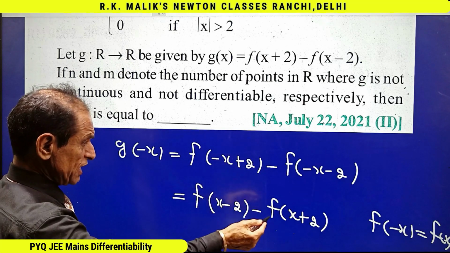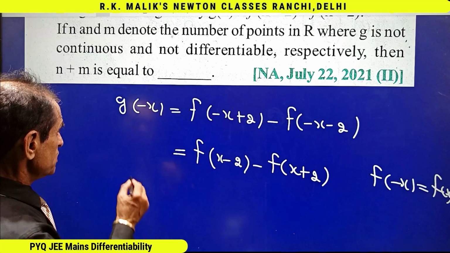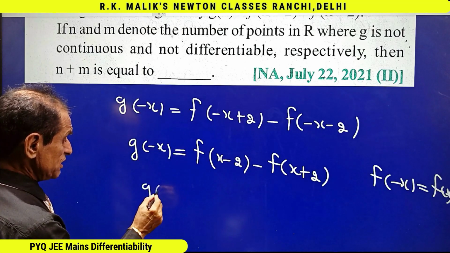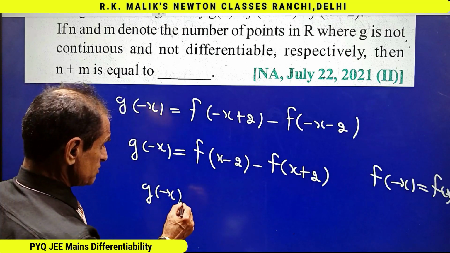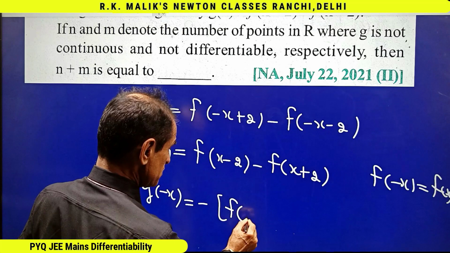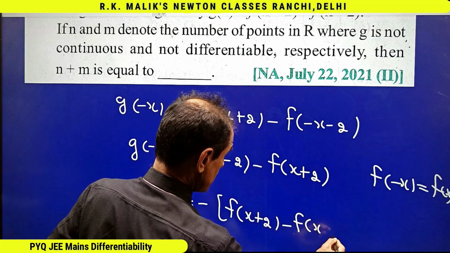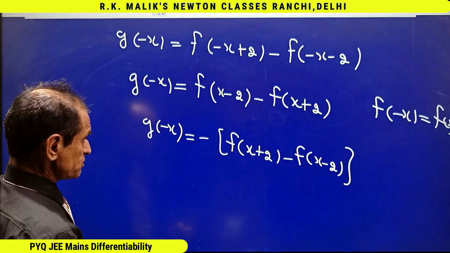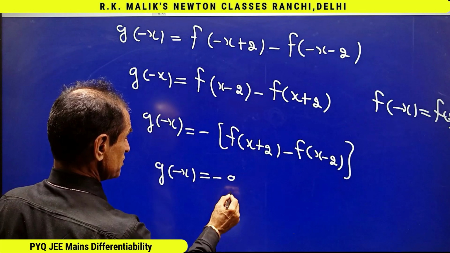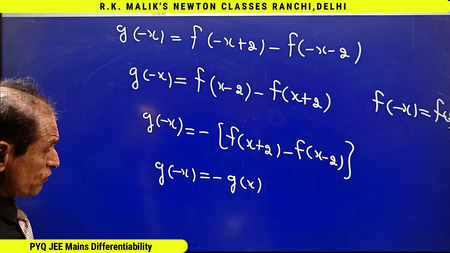And because it is g(minus x), I can say g(minus x) is equal to minus of f(x plus 2) minus f(x minus 2). That is, I get g(minus x) as minus g(x). Hence, g is an odd function.